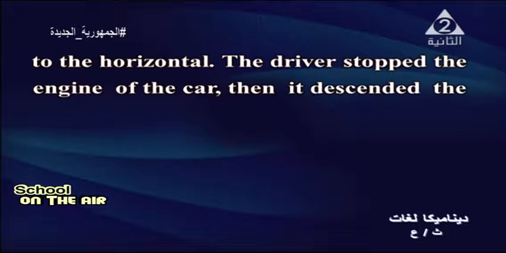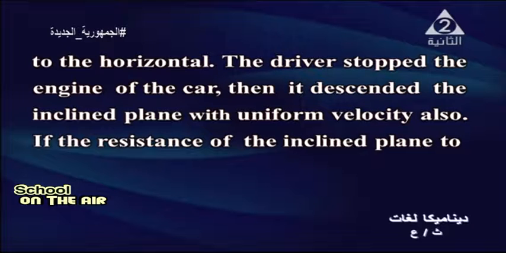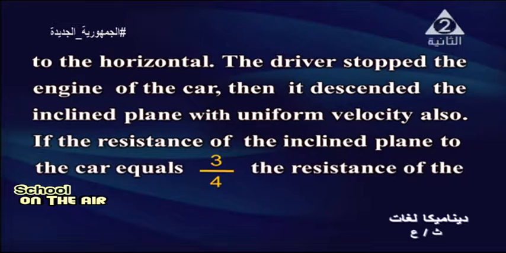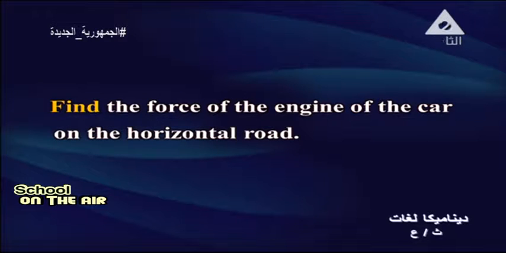Then the car descended the inclined plane with uniform velocity also. If the resistance of the inclined plane to the car equals 3 over 4 the resistance of the horizontal plane to the car, find the force of the engine of the car on the horizontal road.